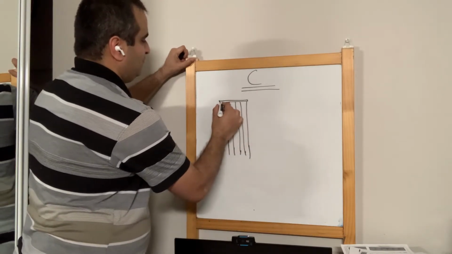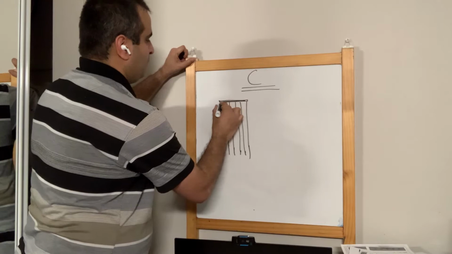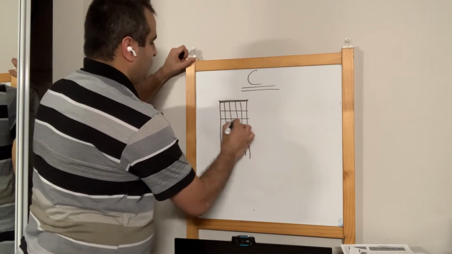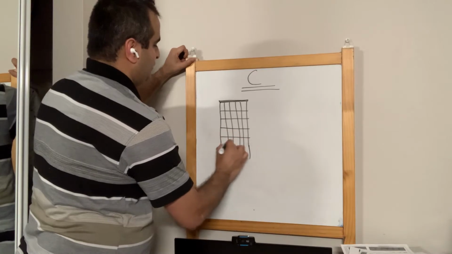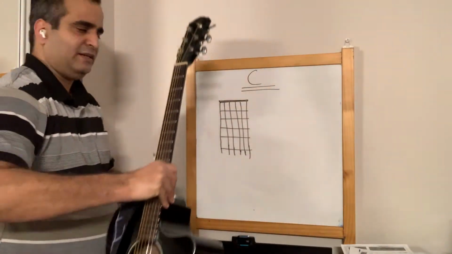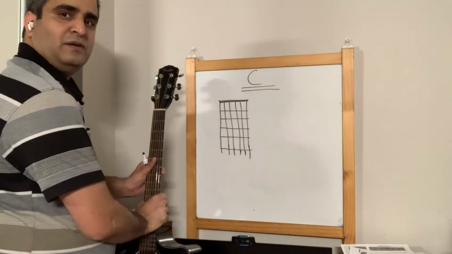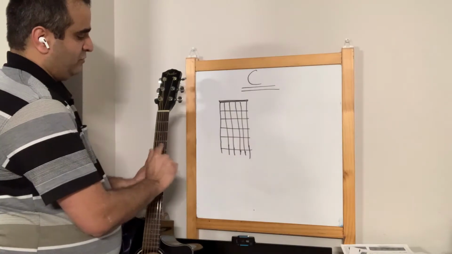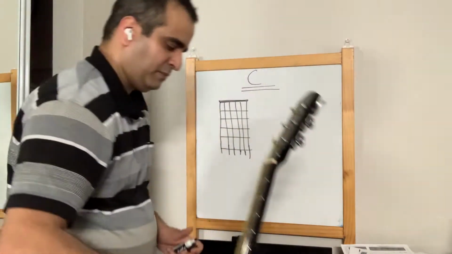So imagine this is my nut, my first fret, second fret, third fret, fourth fret. Right. So basically, I'm showing my guitar like this, right? This is how you would see it. This is my nut, first fret, second, third, fourth, fifth, and so on.